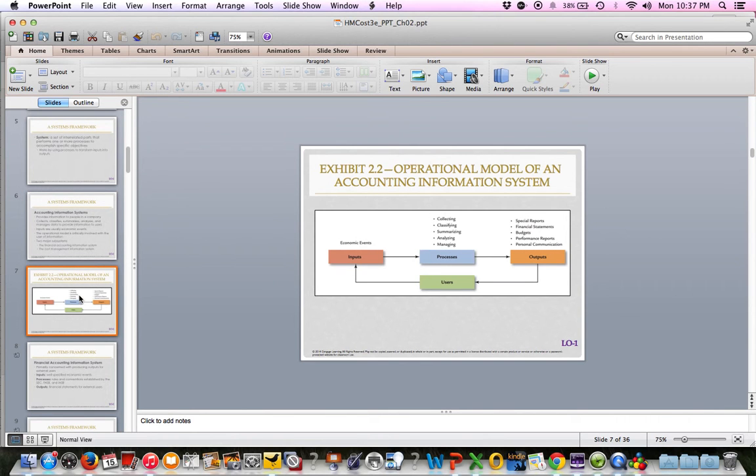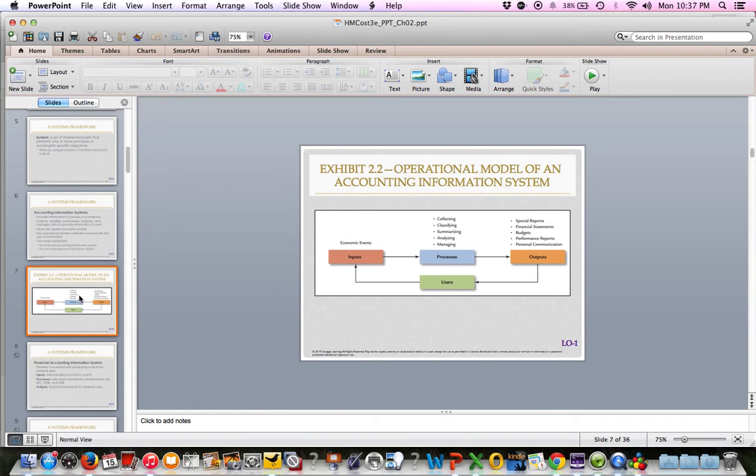I know it's kind of small to see there, but this same information is also in your book. So you've got your inputs and your outputs. Your inputs are the economic events that happen, the things I just got done talking about. Then you have your processes: collecting, analyzing, summarizing, managing. And you have your outputs. Your outputs would be all kinds of different reports. Special reports that can be run ad hoc or as needed.